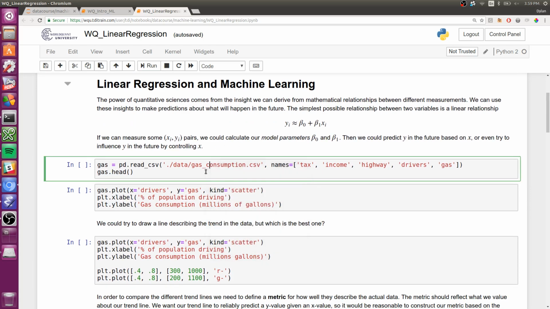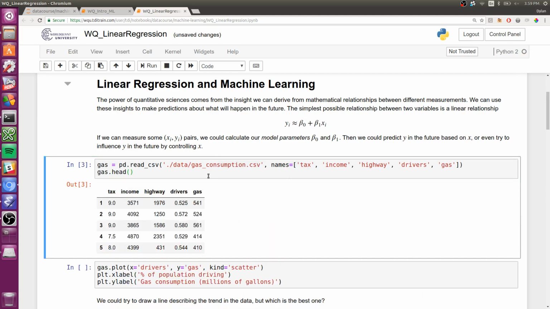We actually have, speaking of fuel consumption, a data set about motor vehicles. So these, if I remember correctly, rows correspond with different locations in some country. I don't remember which. And each location has a different fuel tax.